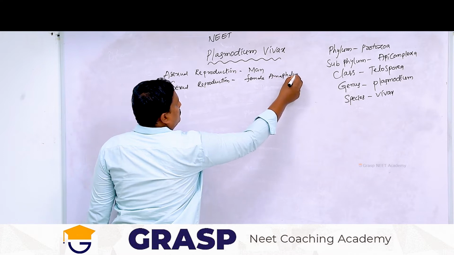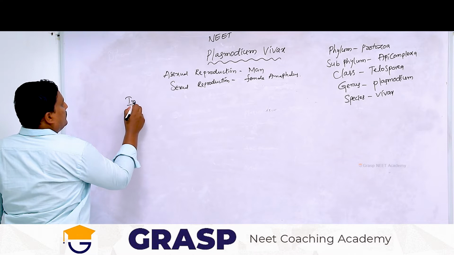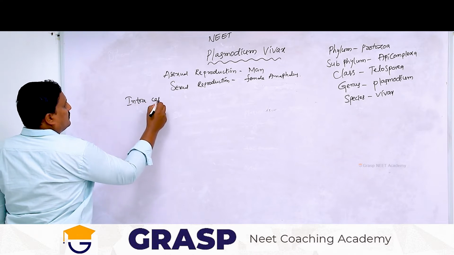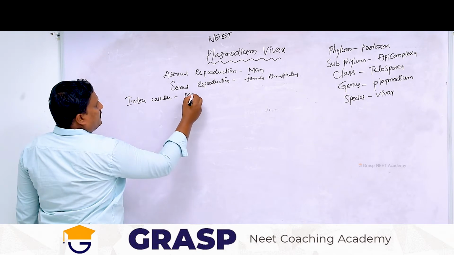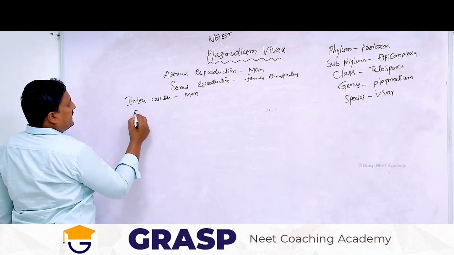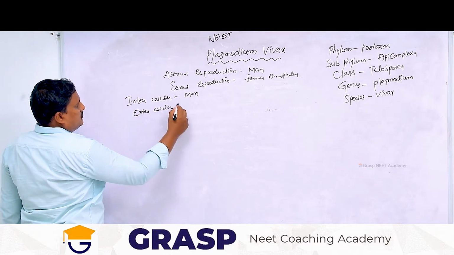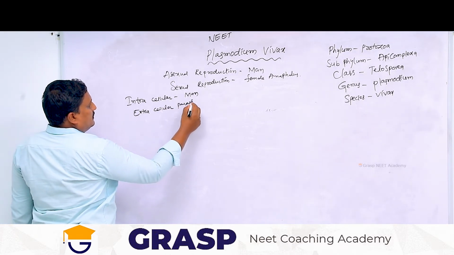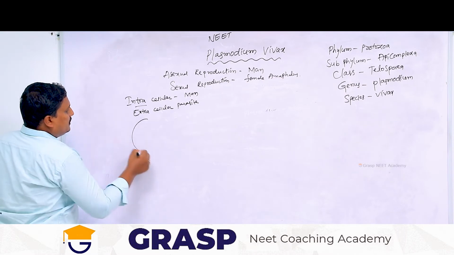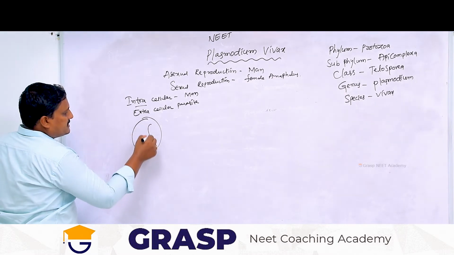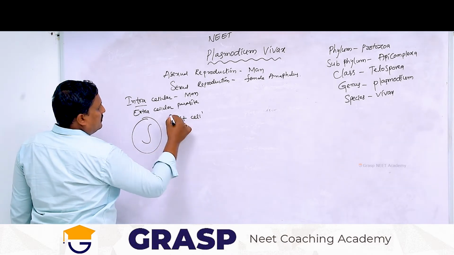It is a digenetic and intracellular parasite in man, whereas in the mosquito it is an extracellular parasite. An intracellular parasite lives inside the host cell.